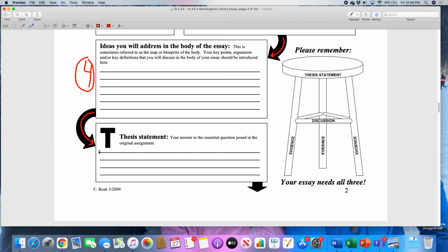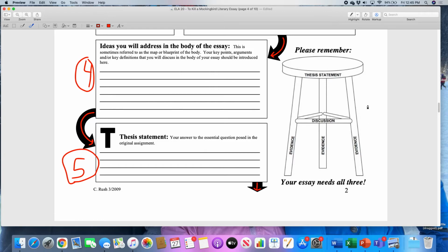Okay, the thesis statement is going to be the official and ultimate outline of your essay. That is where you show the order in which your body paragraphs are going to run. And again, because there are so many different essay prompts, it's hard for me to say exactly what your thesis will look like, but we can and will talk about good thesis statements in our next lesson.